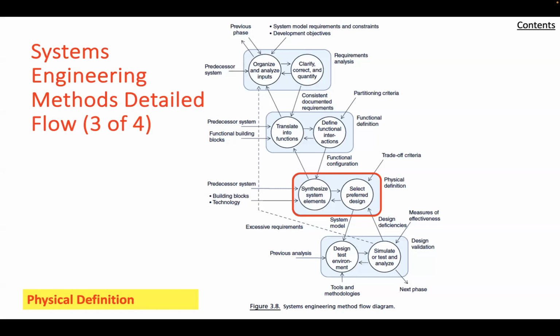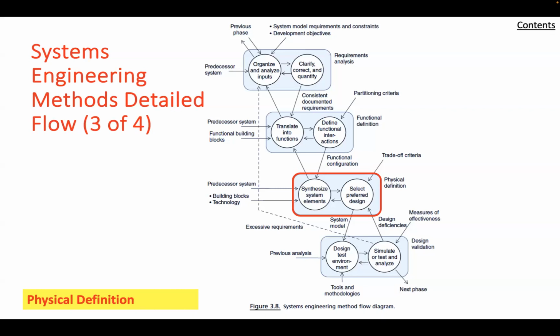So first, let's think about the synthesis of alternative system elements. The implementation of functional design elements requires decisions regarding the specific physical form that the implementation should take. Such decisions include choice of implementation media, element form, arrangement, and interface design. In many instances, they also offer a choice of approaches, ranging from exploiting the latest technology to relying on proven techniques.